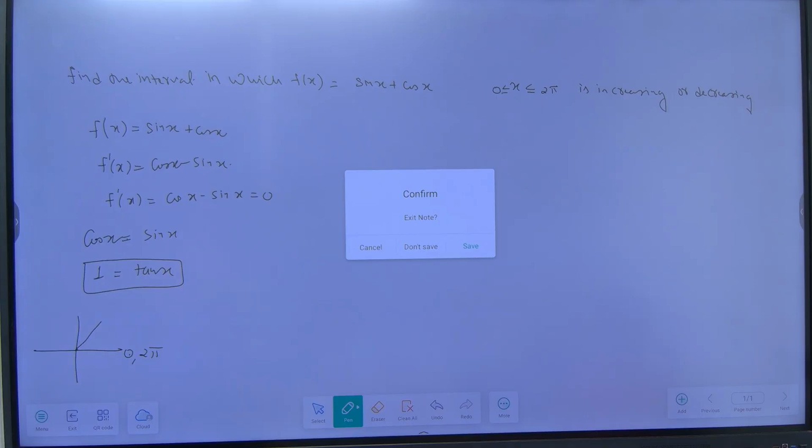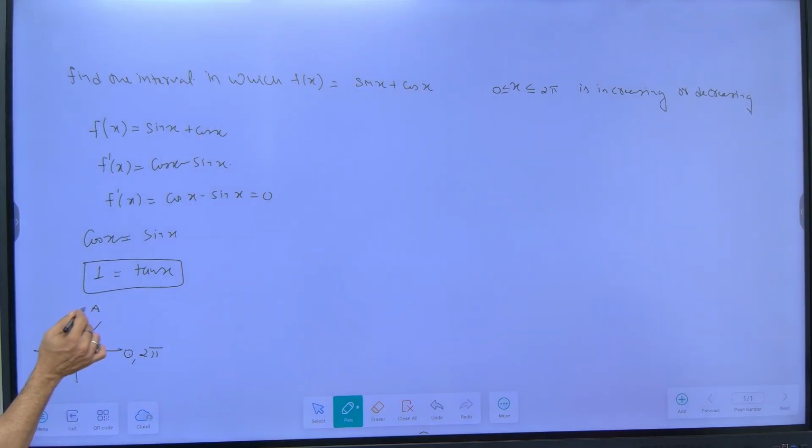In which quadrant tan is positive? All silver tea cups. After school to cinema. Third quadrant. If I have to find out where in the third quadrant, how comfortable you guys are with trigonometry? So which angle here apart from 45 degree will also give you tan theta is equal to 1?